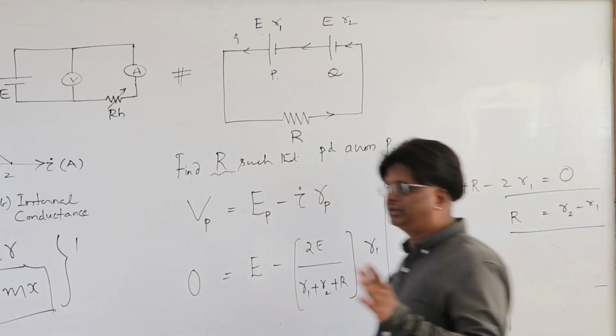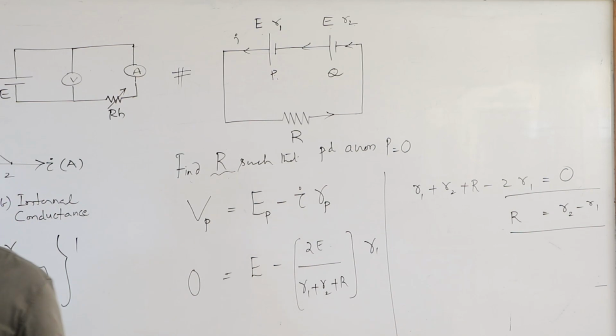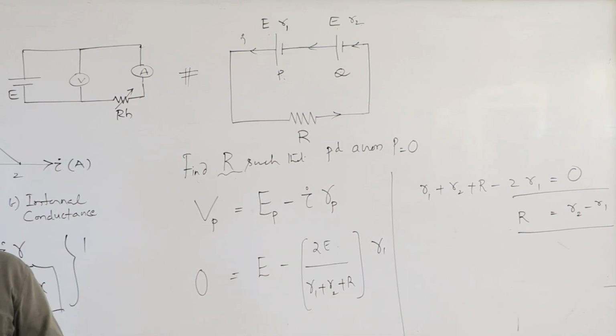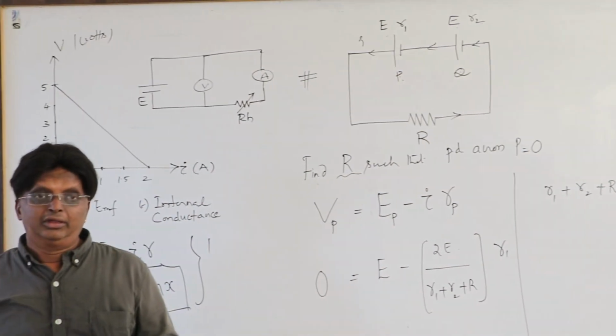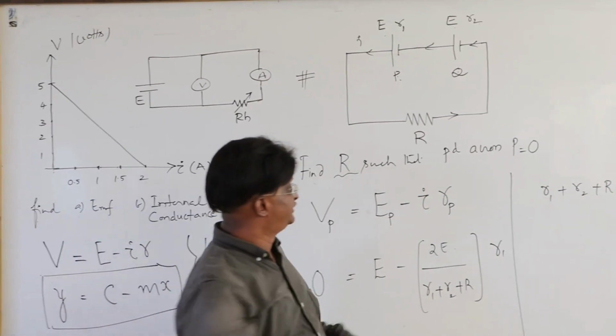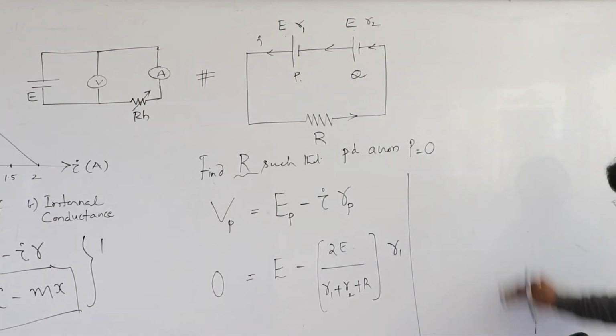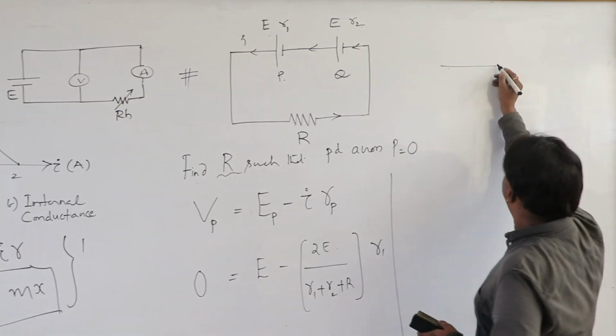Whenever cells are given, the popular topic would be V equals E minus Ir. When I am writing this, let me tell you one important principle regarding cells. The question I will frame like this.